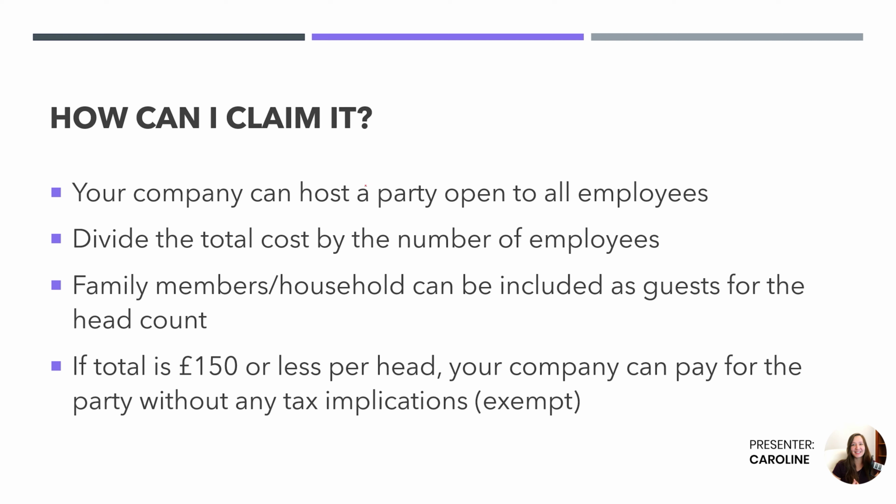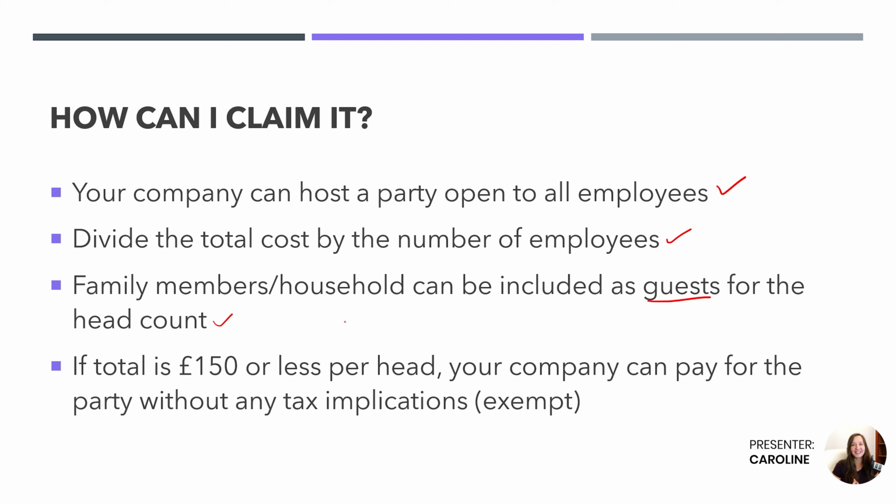So how can you claim the Christmas Party Allowance? Firstly, your company can host a party open to all employees. We got that one. Then you can divide the total cost by the number of employees that attend. And the cool thing is that family members and household members can be included as guests for the head count. So your employees are able to bring along a guest, and they will also be included as their own £150 per head person.